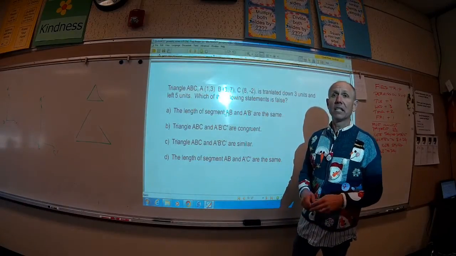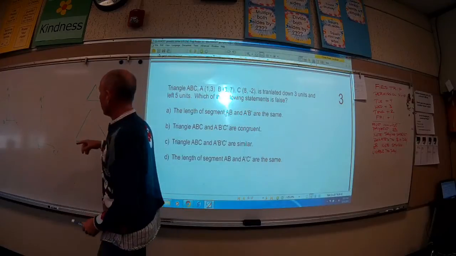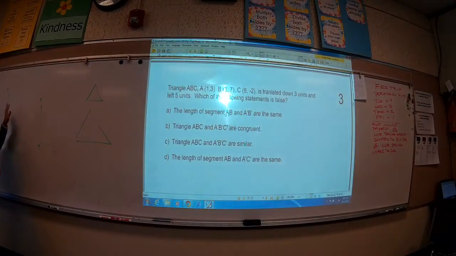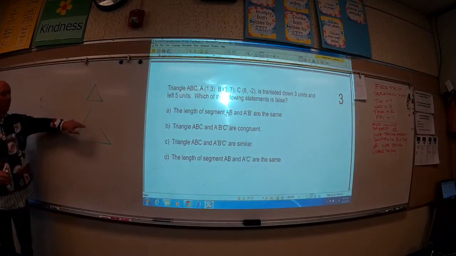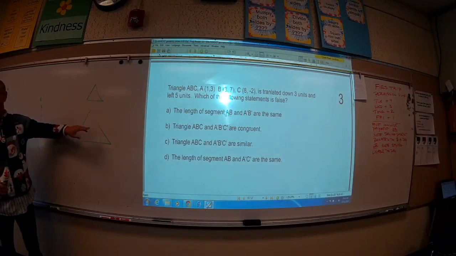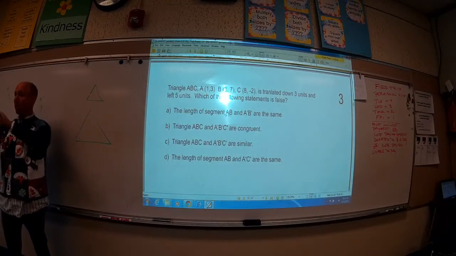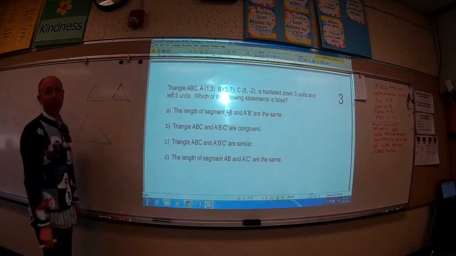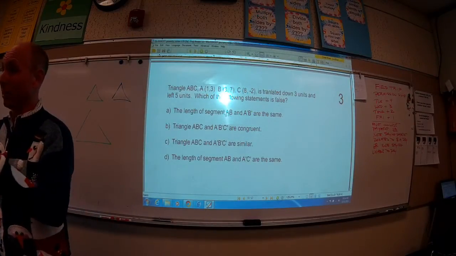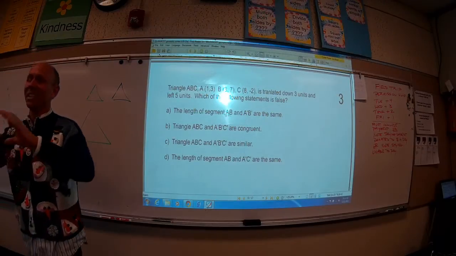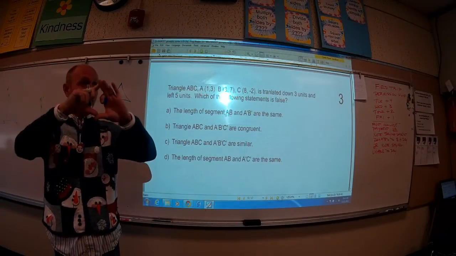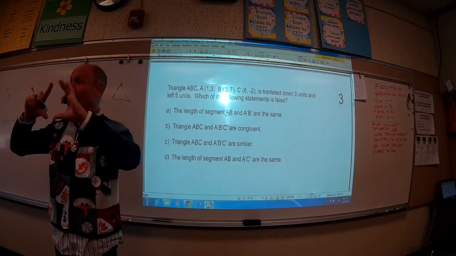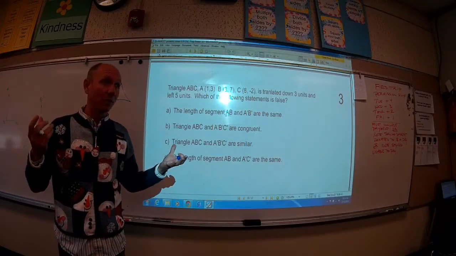Yes. Here are two triangles, I move them, they're congruent.